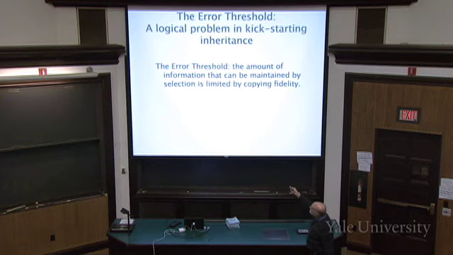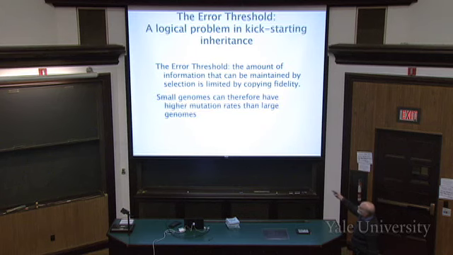So that's the error threshold. If you don't really have high copying fidelity, then mutations will kill you. And if you have a small genome, basically if you have a small genome that's big enough to do something, it can actually have a higher mutation rate than a large genome.